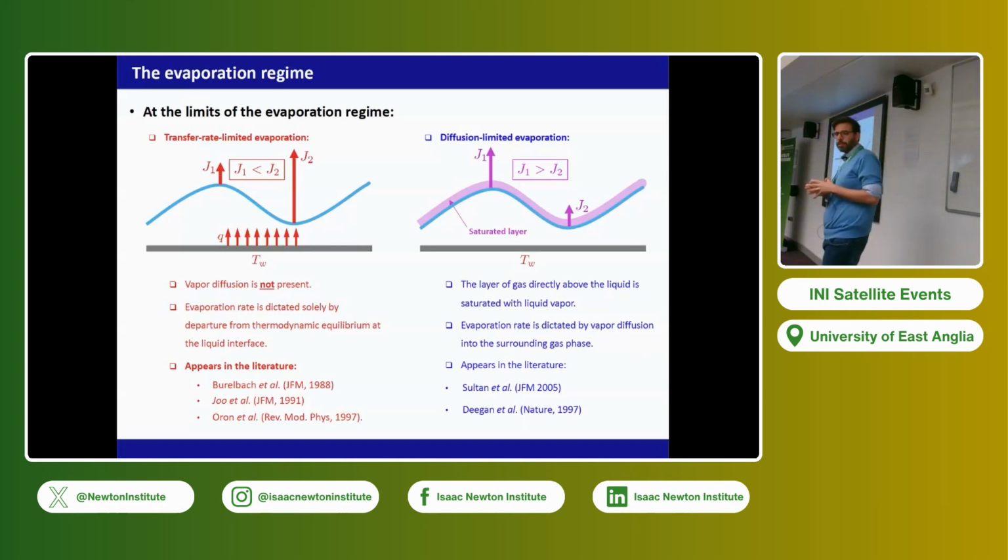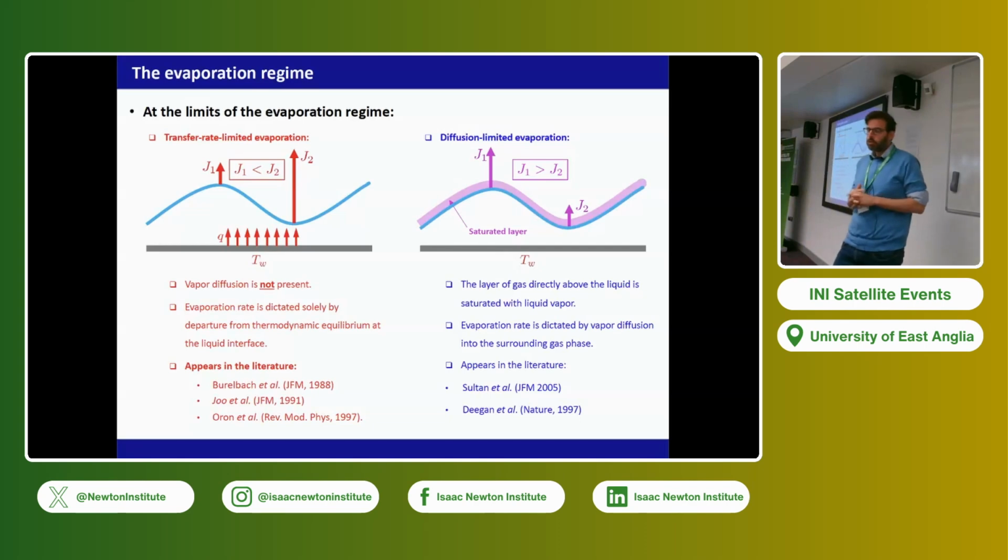The second big family is diffusion-limited evaporation. In this regime, we assume there is a gas layer above the interface that is saturated with vapor, and so the evaporation rate is governed only by the vapor diffusion in the surrounding gas. In this model we have the opposite behavior: the evaporation rate is larger at the crest than at the trough.